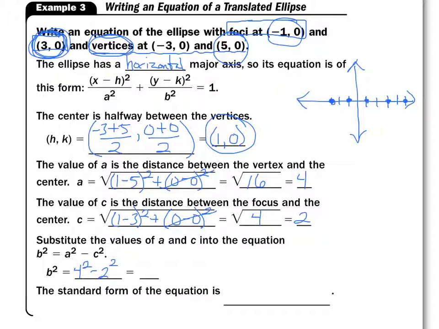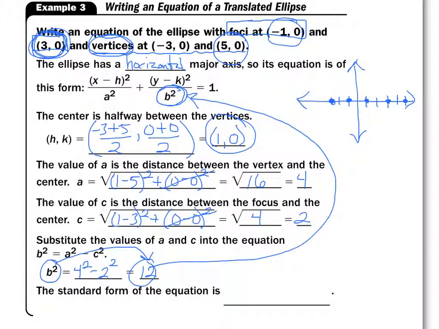So 16 minus 4 is 12, and all I need is b squared, because b squared is what goes underneath. So I don't need to figure out what b is. b, of course, would be just the square root of 12, but since that's not what it's asking for, I don't necessarily need it. I just take that 12 and plug it in for b squared.